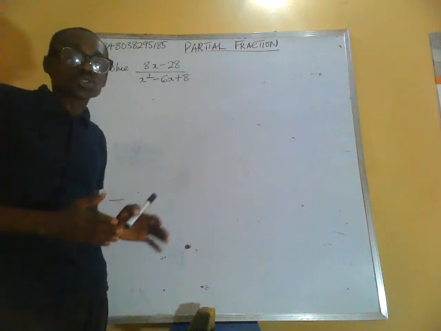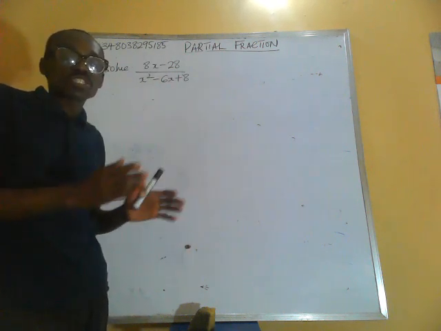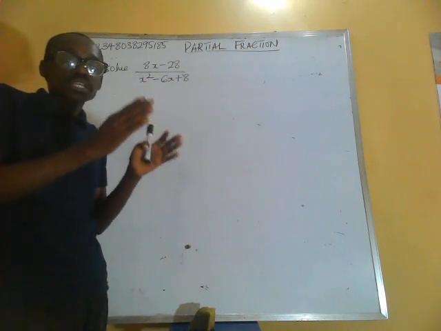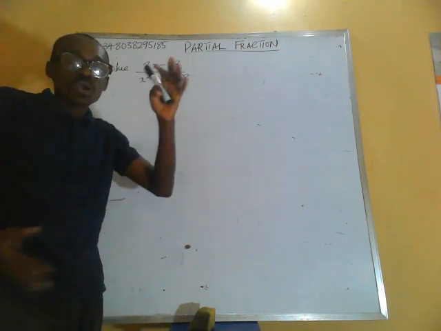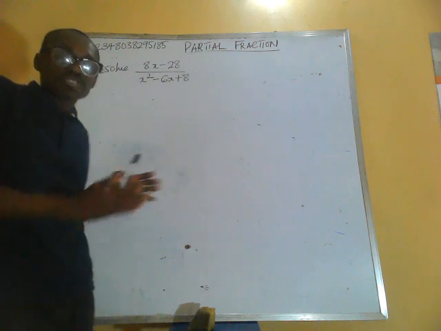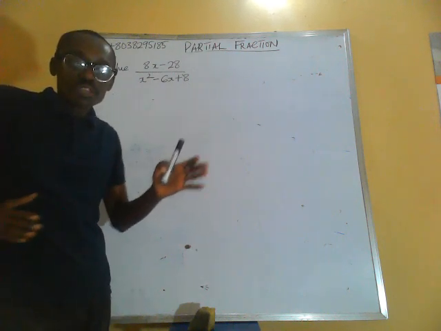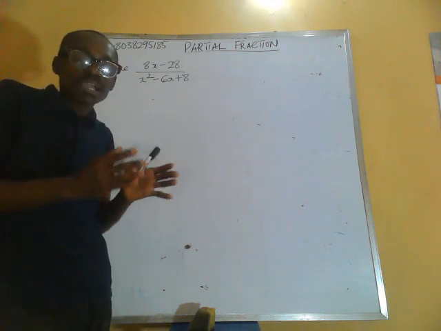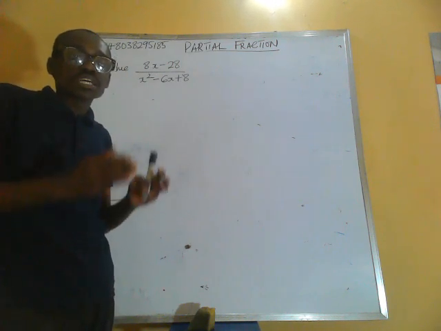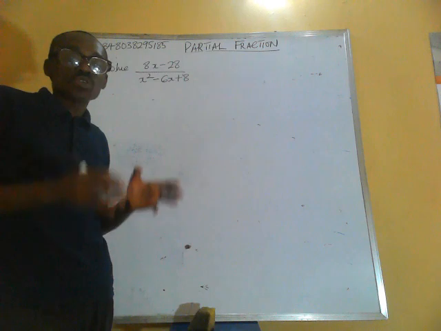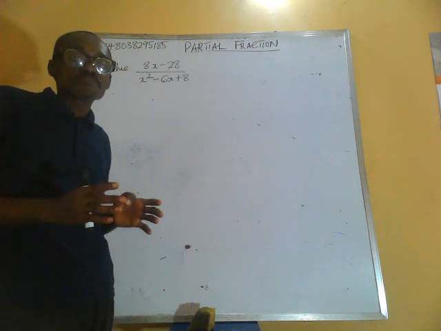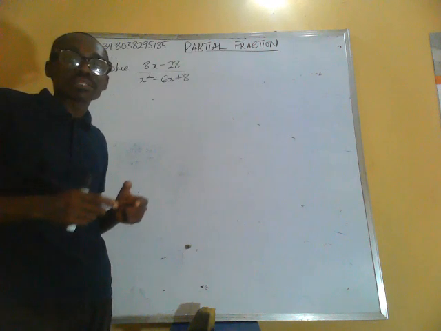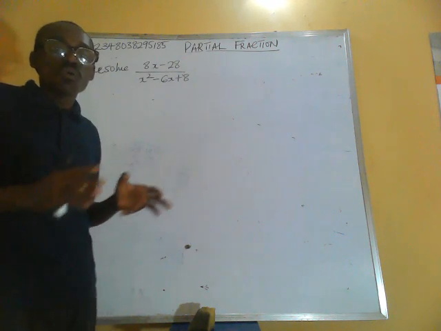Partial fractions has rules depending on how the question is set, but this is the simplest form. This is the easiest of partial fractions. So we're going to move on after lesson 2. We'll keep on moving from one stage to the other. I will show you all the rules, all the different kinds of partial fractions that you can actually encounter, whether in your examination, your mathematics, your further mathematics, or your additional mathematics work.